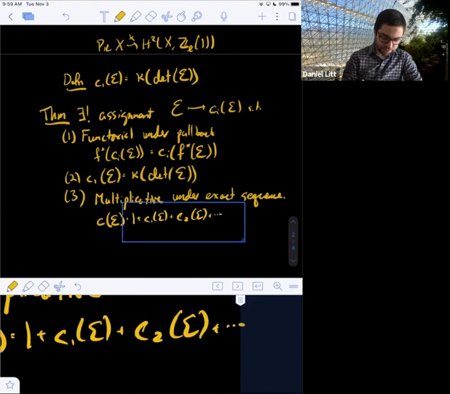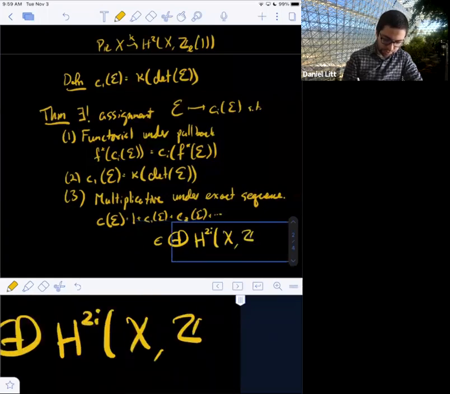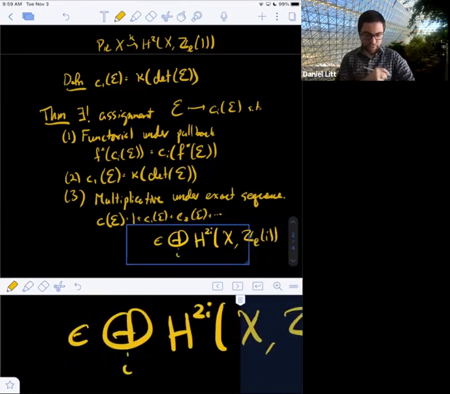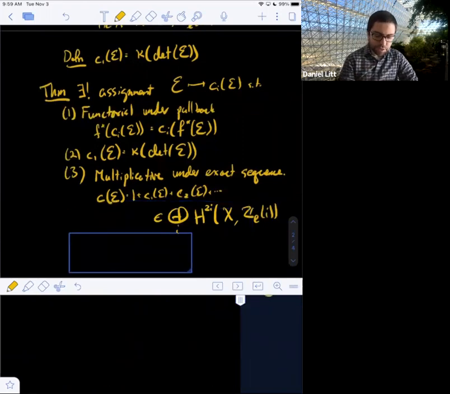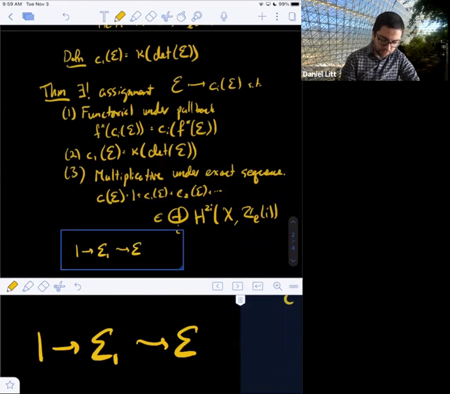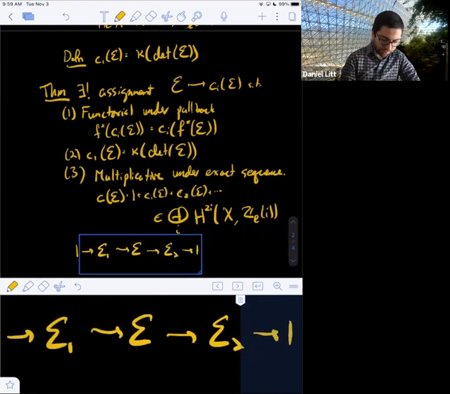So where does this live? This lives inside of the direct sum of H^{2i} of X with coefficients in Z_l(i). If we write it as this element of the direct sum, then if we have a short exact sequence 0 to E_1 to E to E_2, sorry, I don't know why I'm using ones here.